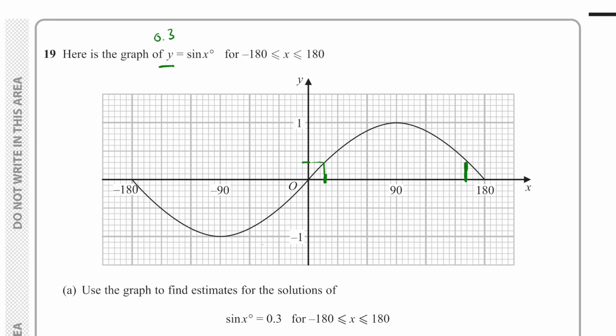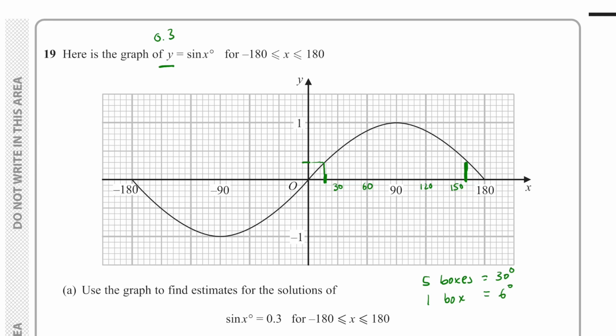So it's 30, 60, 90, 120, 150. We've got 5 little boxes are equal to 30 degrees. 5 boxes equals 30 degrees. So one box must be 6 degrees.